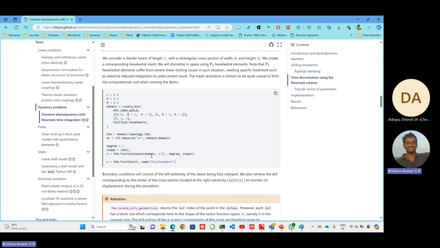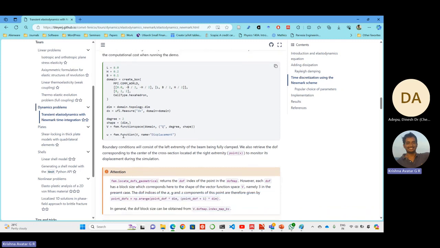So this function space consists of quadratic elements whose shape is a vector at every point. We are solving for displacement, which is a vector at every point. And u is equal to fem.Function. So first we define the function space.